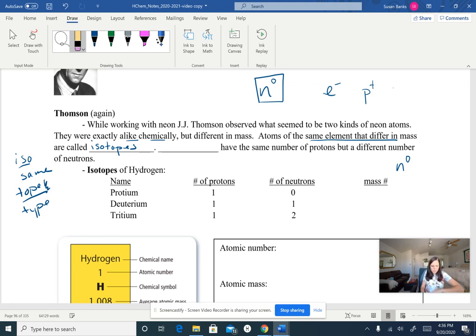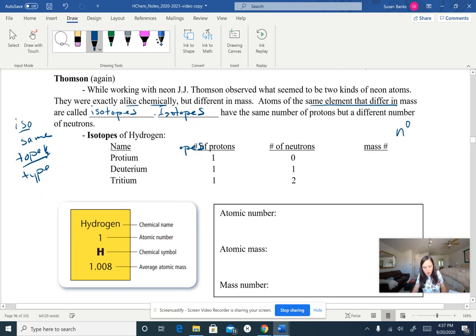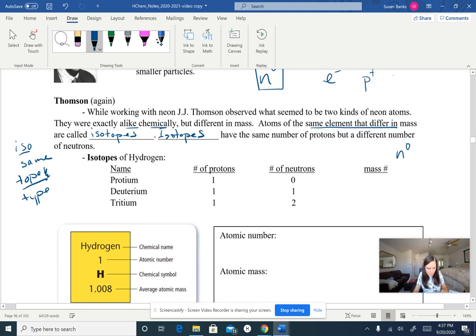Okay? So isotopes have the same number of protons, but they have a different number of neutrons. All different elements have isotopes. So there are 3 different isotopes of hydrogen, and I don't expect you to memorize all the isotopes of the different atoms.